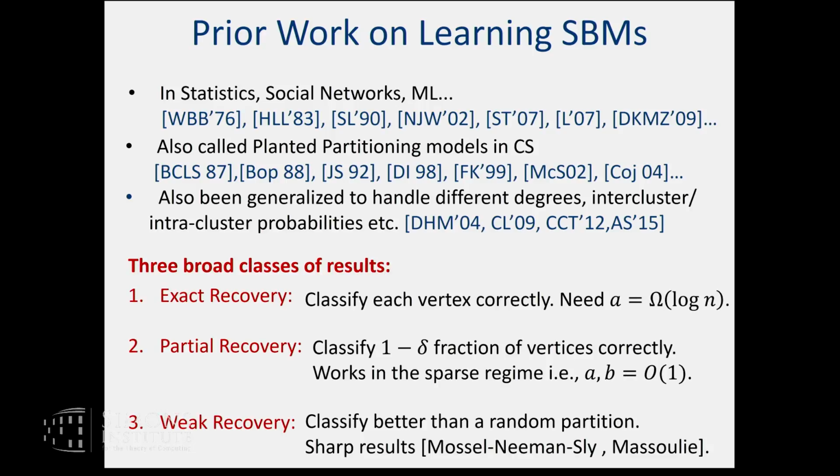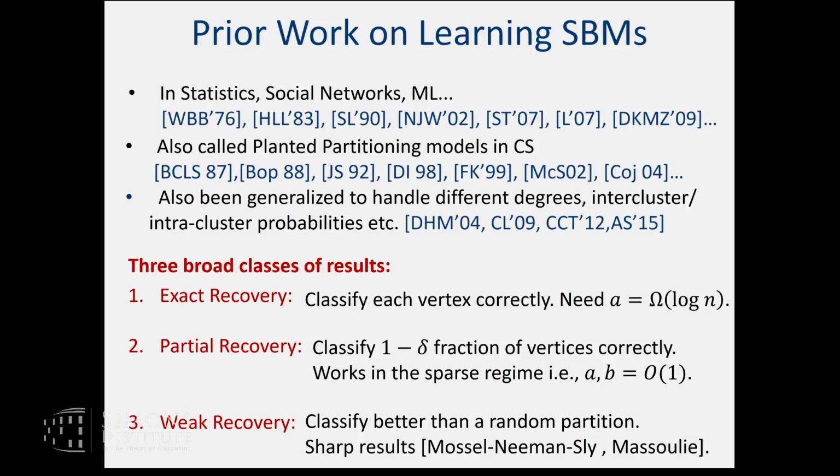And broadly speaking, these different algorithmic results that are known fall under three categories. The first are what are known as exact recovery results. Here the goal is to recover the communities exactly, all the community memberships, with high probability for each of the vertices.